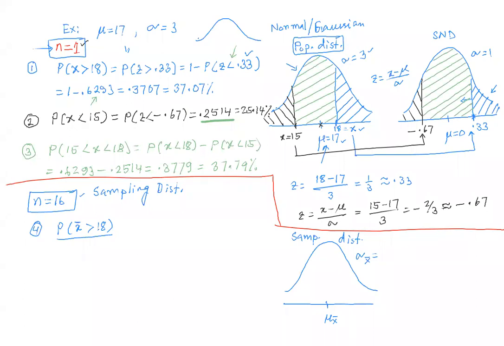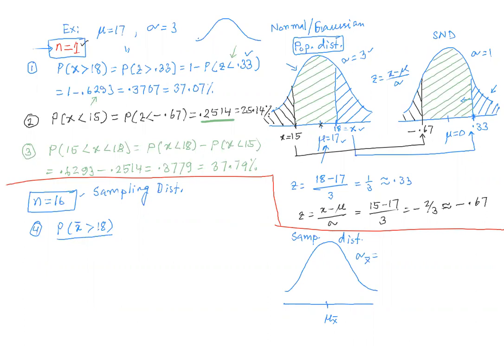So who wants to help me out? Is this the part where you convert to Z for X bar, X bar minus mu over sigma over square root of n?